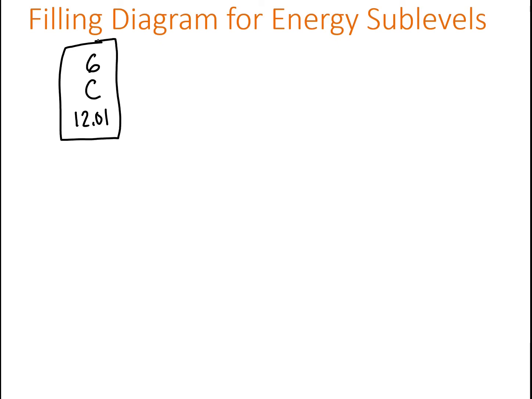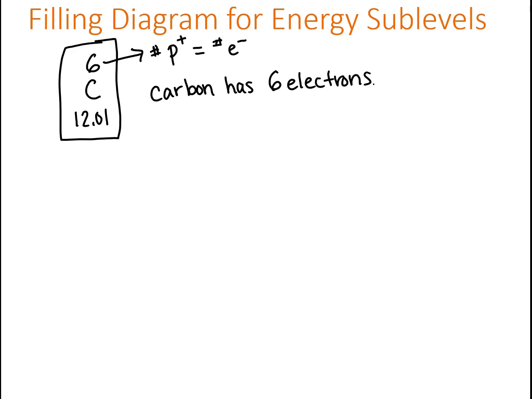Let's say that we want to write a diagram or a configuration for carbon. This 6 is the number of protons. And in a neutral atom, that's also equal to the number of electrons. So that means carbon has 6 electrons that we need to place.